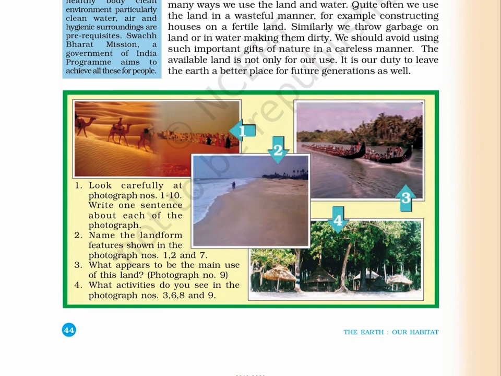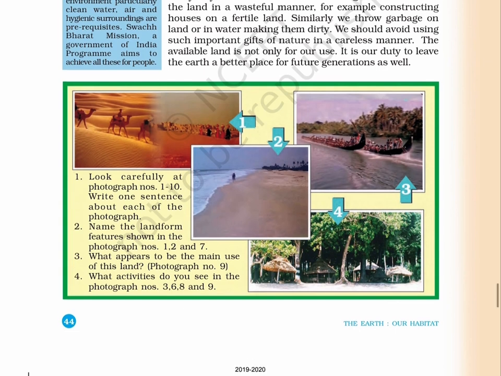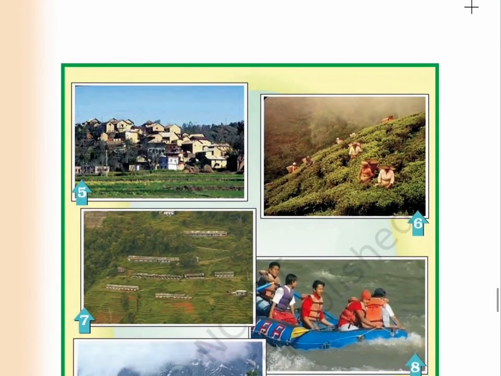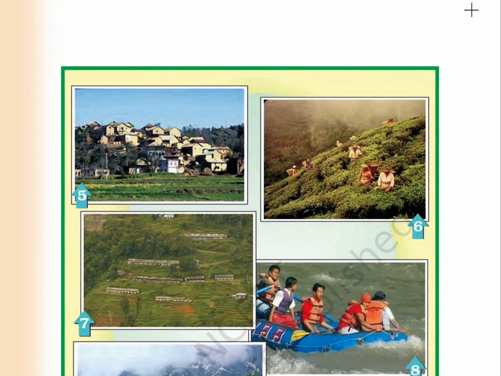What activities do you see in the photograph numbers 3, 6, 8, and 9? Page number 45. 5. What type of houses do you see in photograph numbers 4 and 5? 6. Name the water sports or games shown in photograph numbers 3 and 8. 7. Name two means of transport shown in photograph numbers 1 and 10. Page number 46.